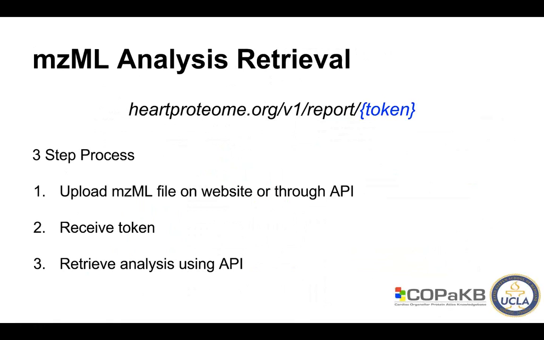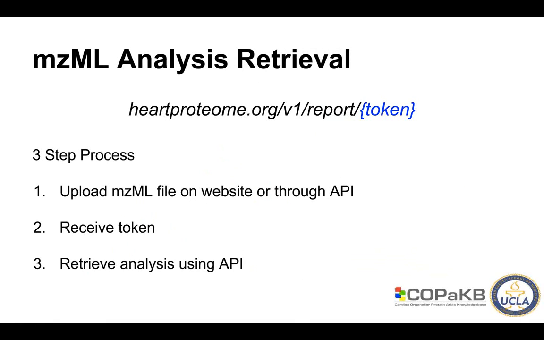Our third feature that we're hoping to develop for the API is the MZML analysis retrieval. I'll quickly go over the three-step process to upload and retrieve the analysis. First, you'll upload an MZML file onto the website.